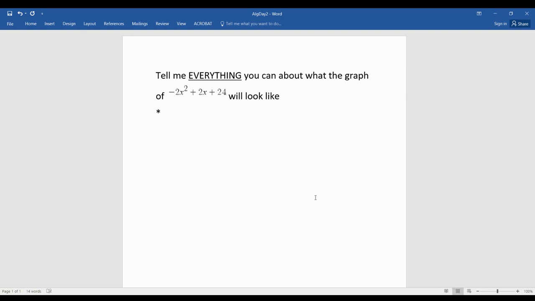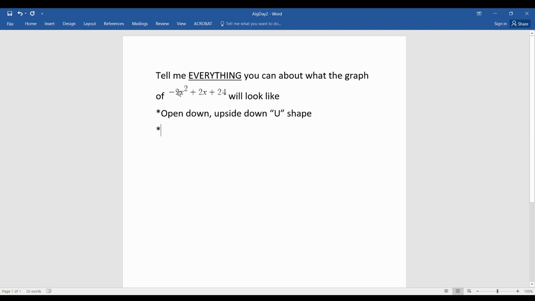So first of all, before I even look at the number, the negative tells me that it is going to open down. Or in other words, it is an upside down U shape. I also know that this is going to have an a value of -2.